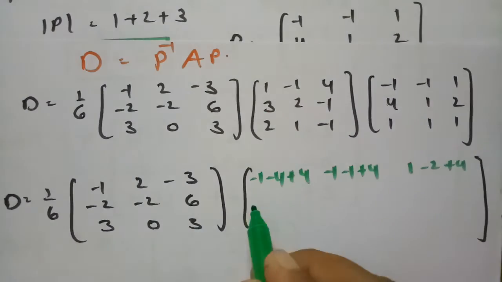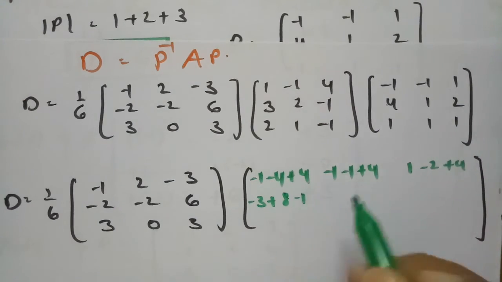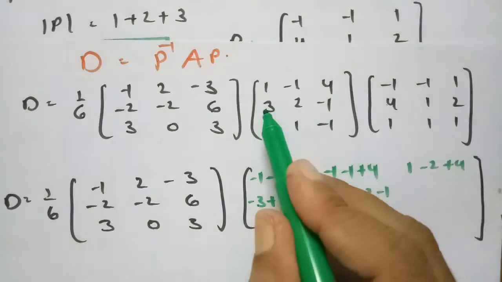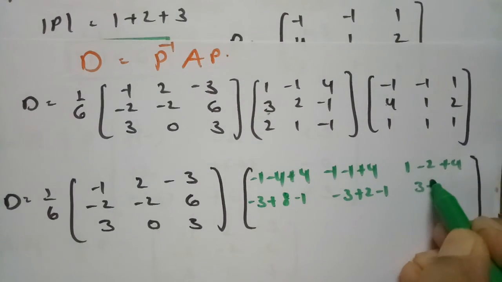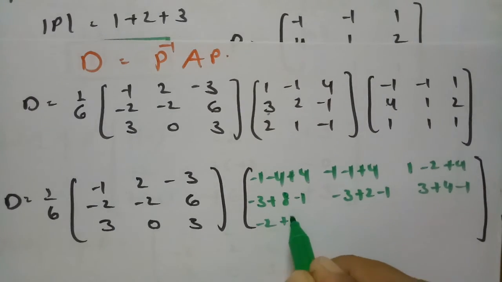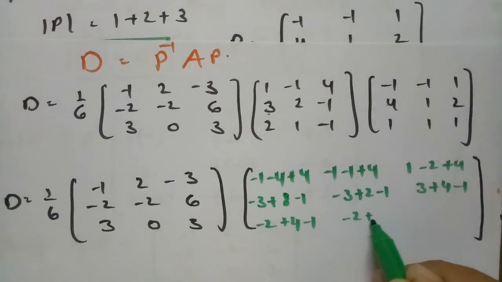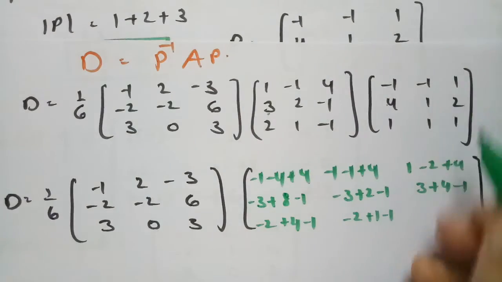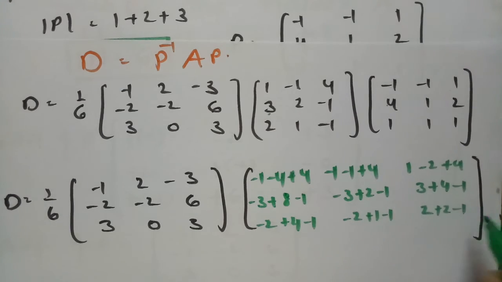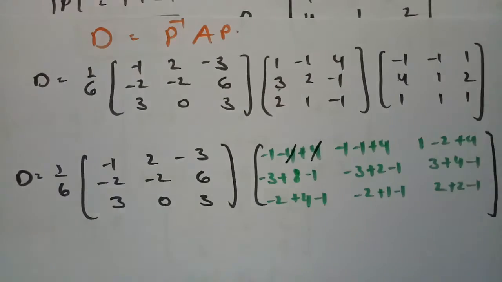So this is minus 3, plus 8. This is minus 1. So this is minus 3 plus 2 minus 1. So this is 3 plus 4 minus 1. So this is minus 2 plus 4 minus 1. So this is minus 2 plus 1 minus 1. If you see this one, this is 2 plus 2 and this is minus 2. So this is plus 4 and minus 4.